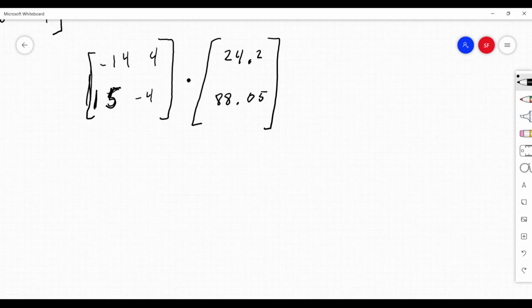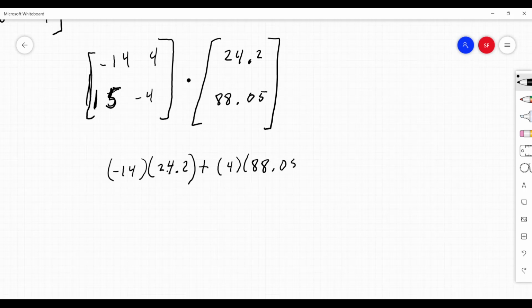So now what do we do? Negative 14 times 24.2 plus 4 times 88.05 is the first part.